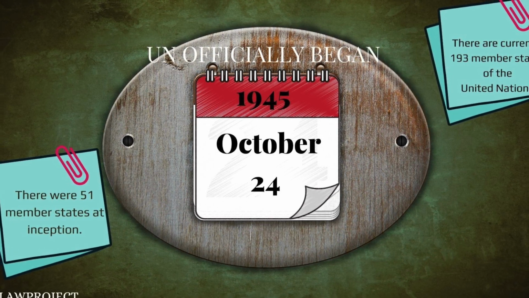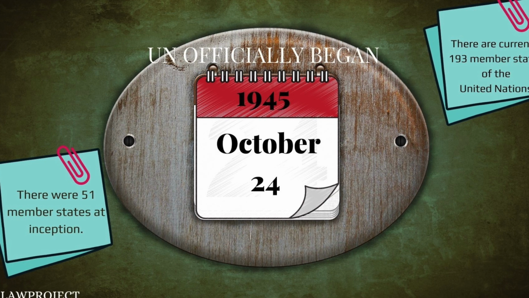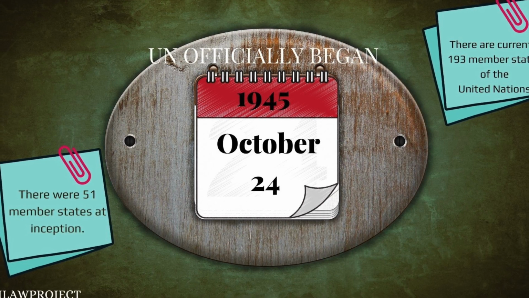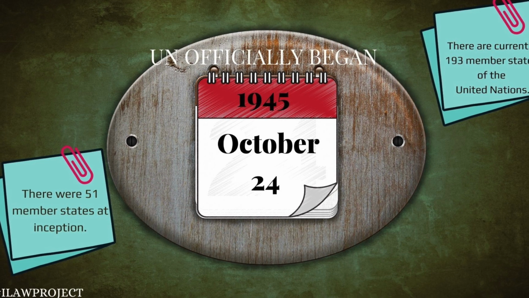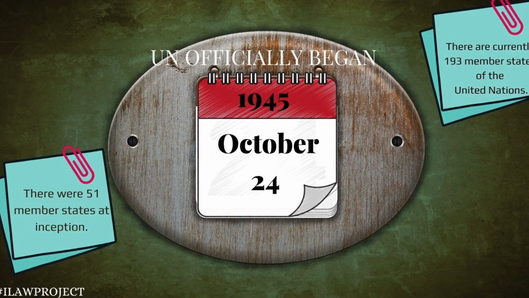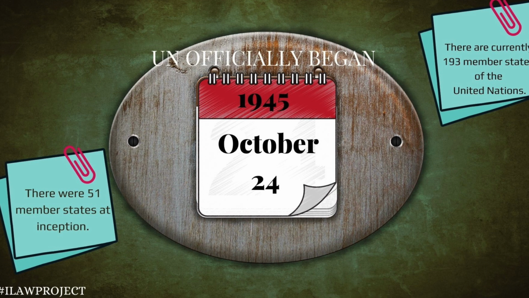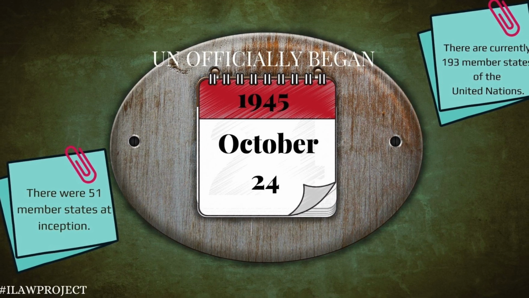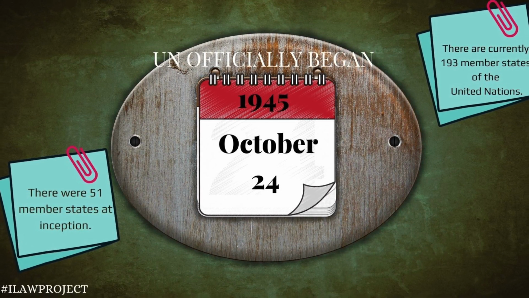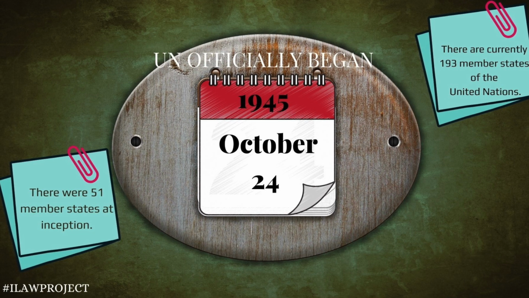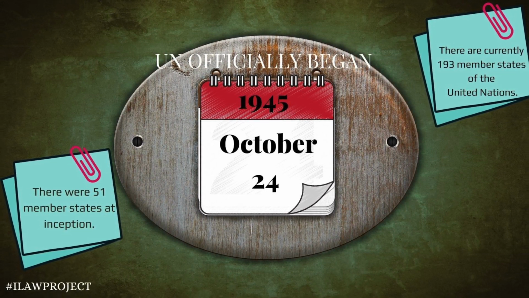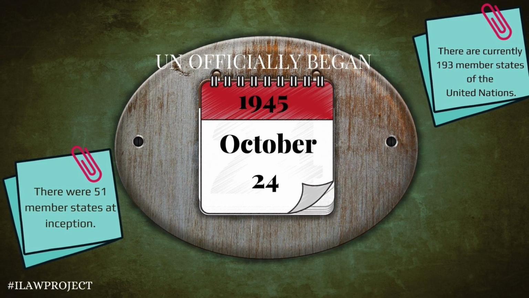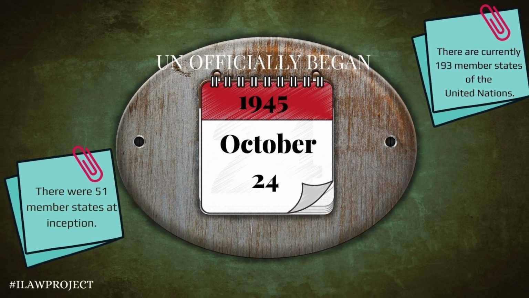The membership of the United Nations at the moment stands at 193 member states. In the 75 years since its establishment, the United Nations has continued to evolve. But whatever its evolution as an organization, it has to function in line with the tenets of its constitutive instrument, that is the Charter.